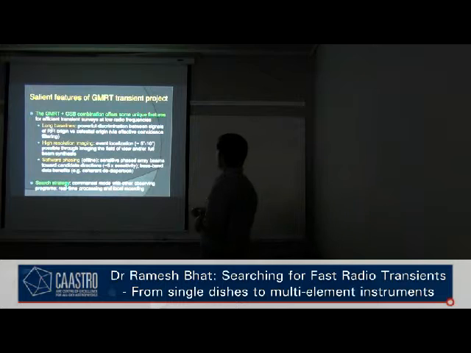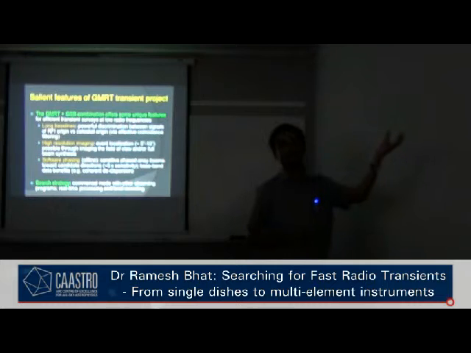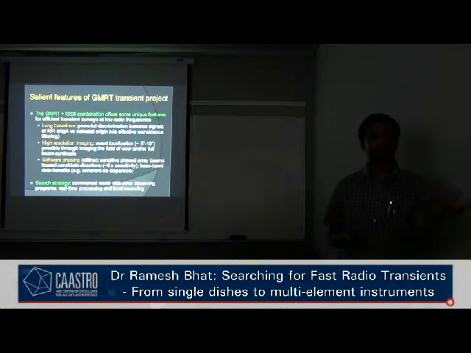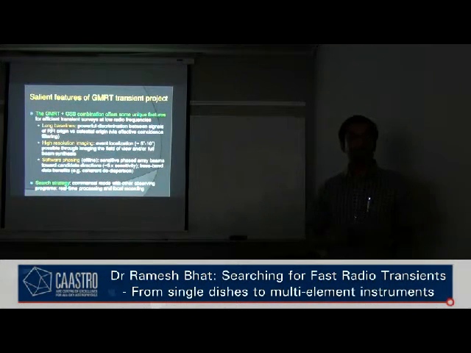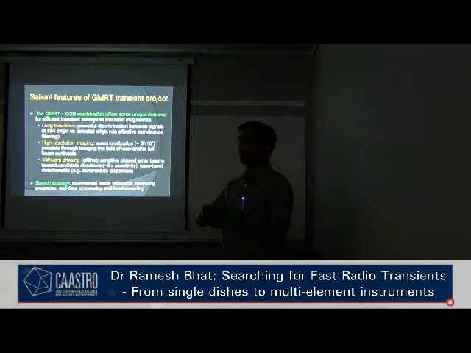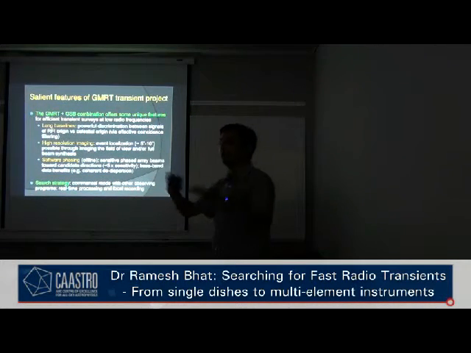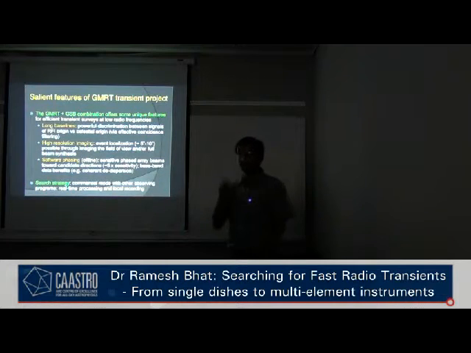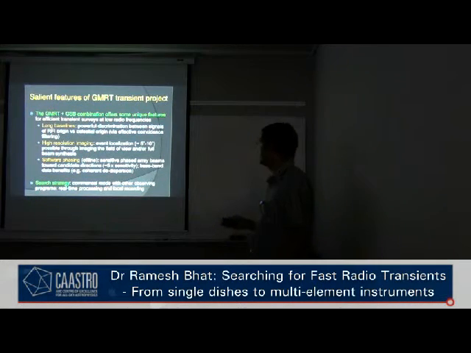Then, once you know this is where the source is and this is the likely candidate, you can use the same machinery to go back and form a sensitive phased array towards that target and get back your full phased array sensitivity, which is almost 10 times higher, given that you did an incoherent combination and subarraying. So you get a big boost in sensitivity, and that itself is your major integrity check.